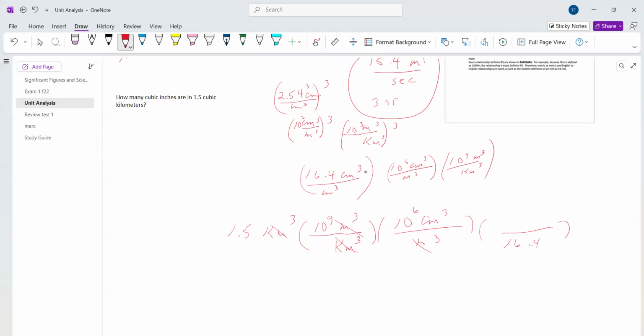Where does the 10 to the 9 come from? 10 to the ninth comes from 1,000 meters cubed. Got it. Awesome.